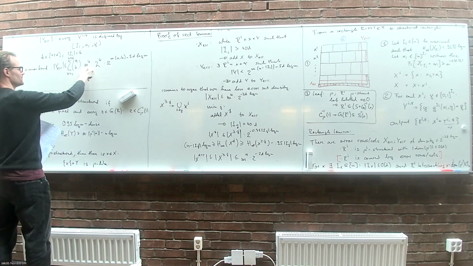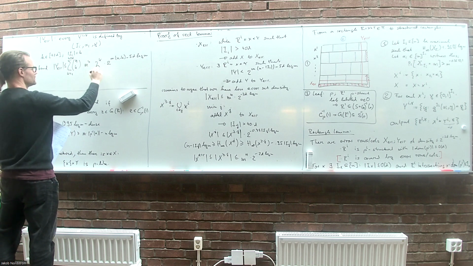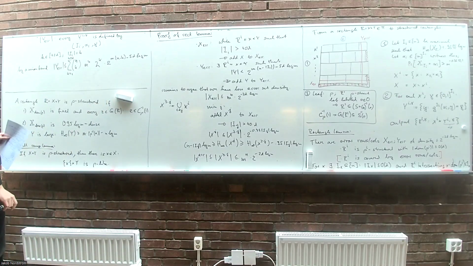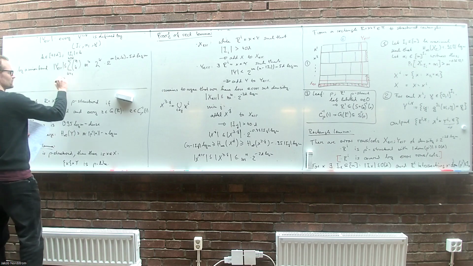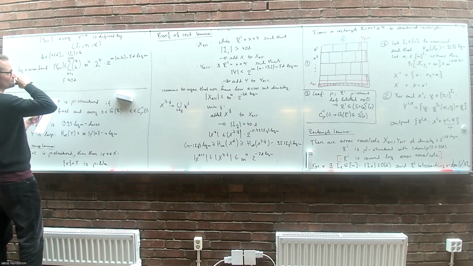And here we get at most, so what do we get here? Here we get a 2 to the 40. No, so... Right. So we can write this certainly as 40d times the maximum term.